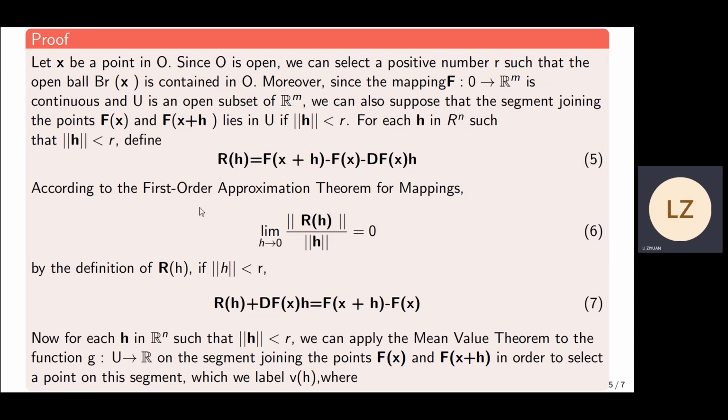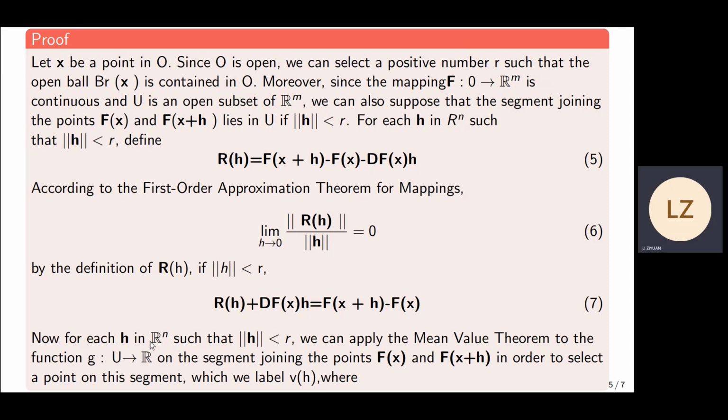By the definition of r(h), we move Df(x)h from the right hand side to the left hand side, then it becomes r(h) plus Df(x) times h equals f(x+h) minus f(x).